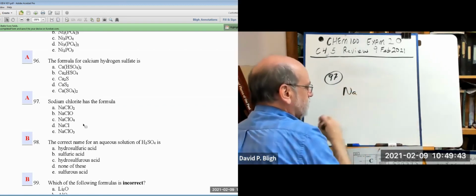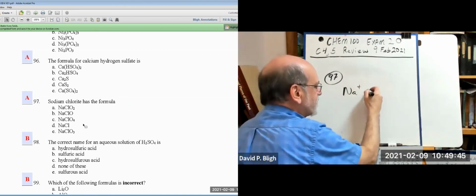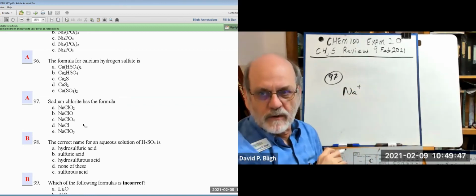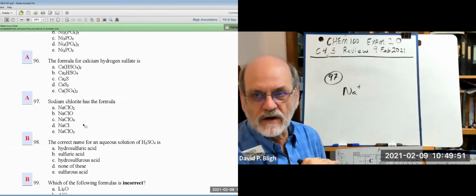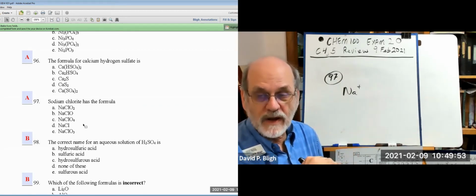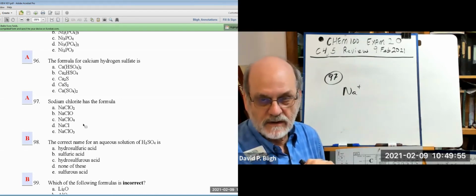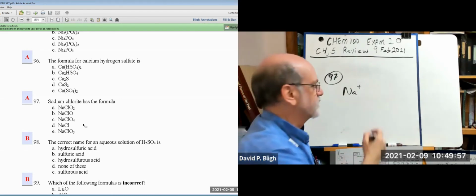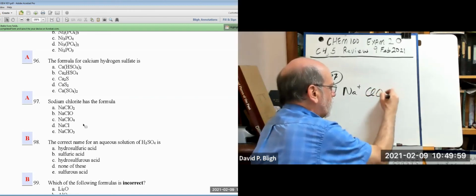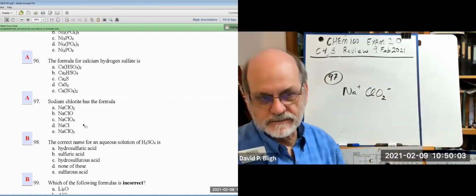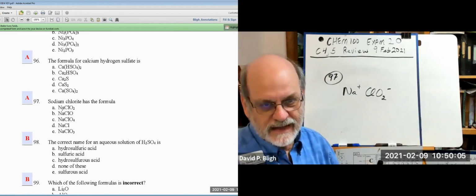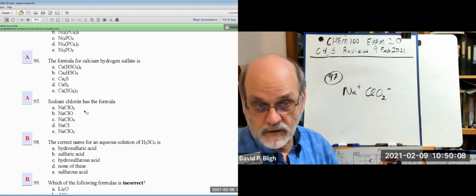Sodium, definitely. Chlorite. So remember when I discussed the families, homologous series of polyatomics, chlorate is ClO3 minus. Chlorite is ClO2 minus. So that's it, without the charges, of course. NaClO2, A is the correct answer for that one.